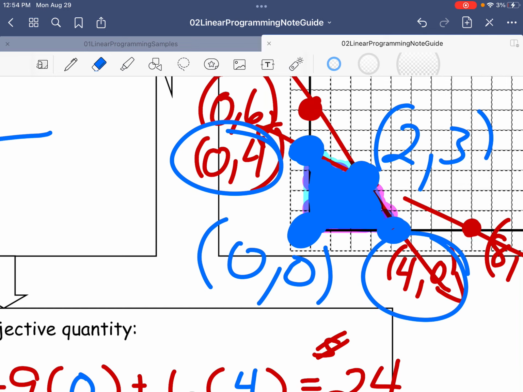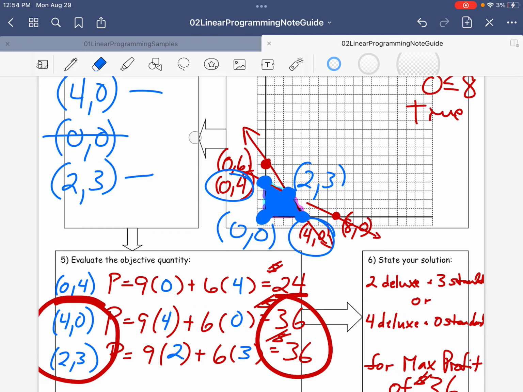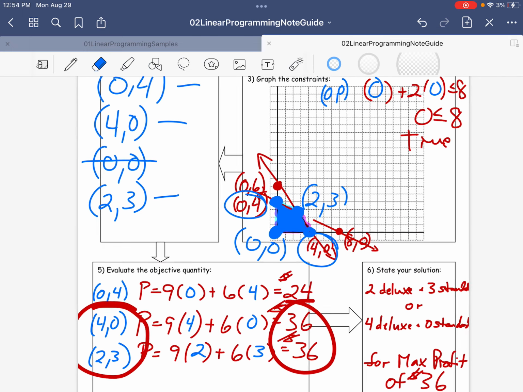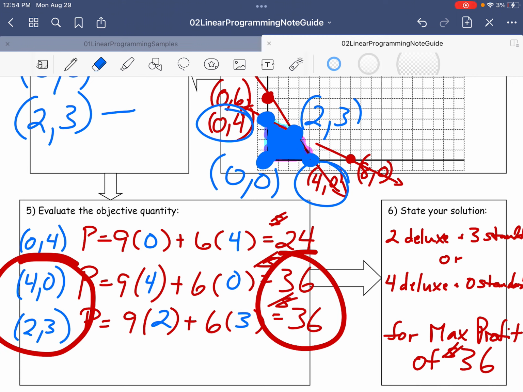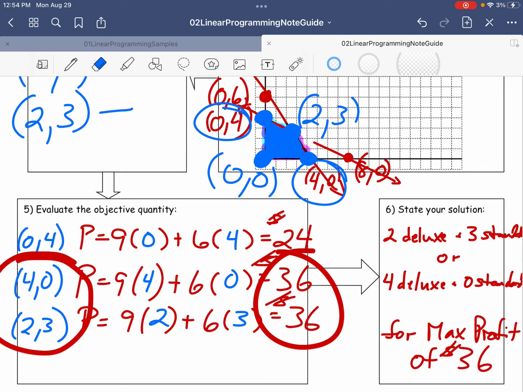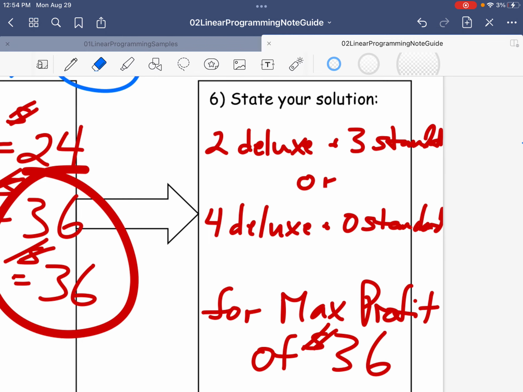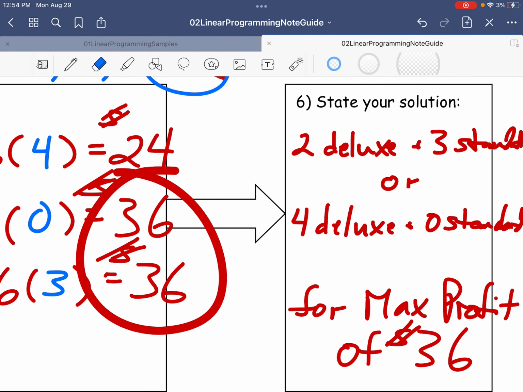Although there was a fourth vertex, those three vertices are the ones we can use to check the profit. We plug them in one at a time. We found that we had a tie, $36 profit, and that happened two different ways, and you make a little statement to say so.